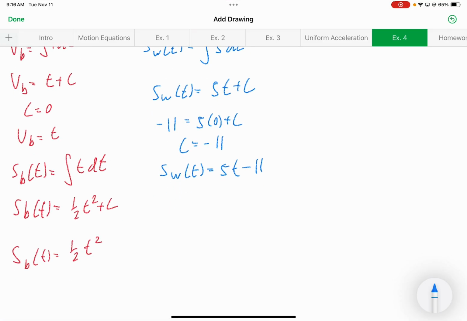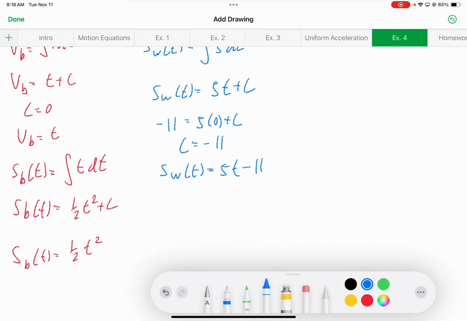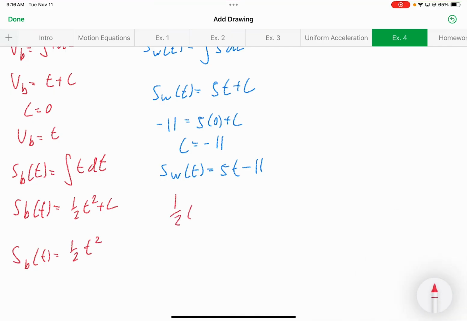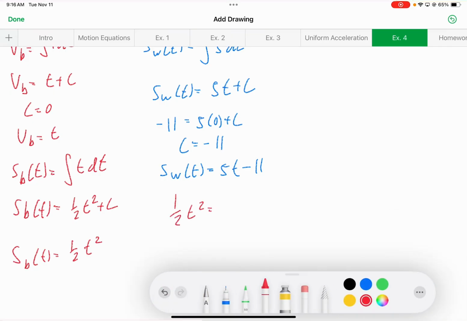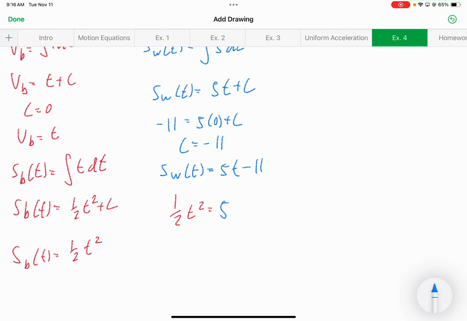What do I do with those two things? Set them equal. So I have 1/2 t squared equals my position function for the woman, 5t minus 11. Then I solve. I'm going to multiply everything by 2. t squared equals 10t minus 22. Let's get everything on the same side: t squared minus 10t plus 22 equals 0.